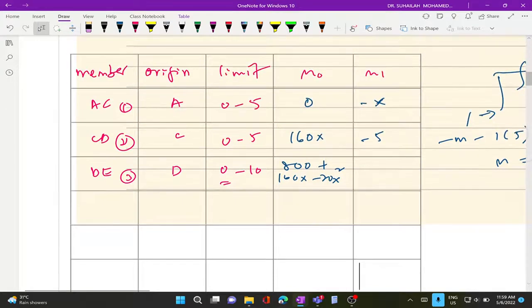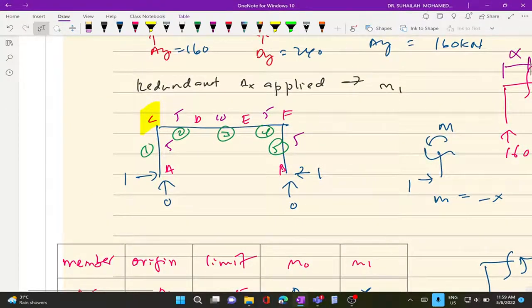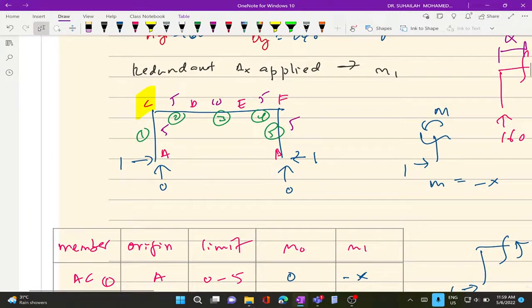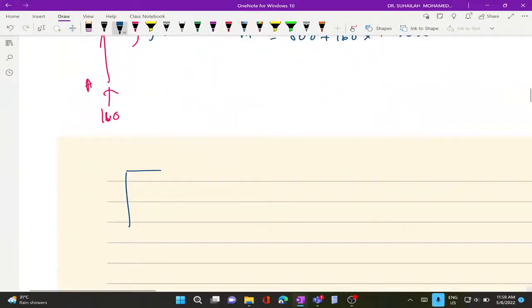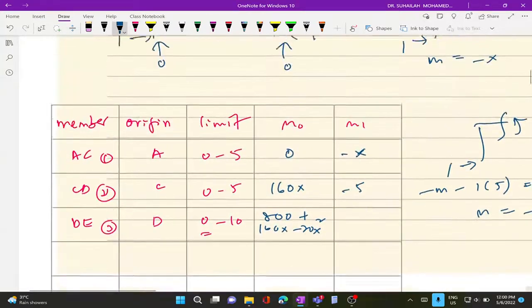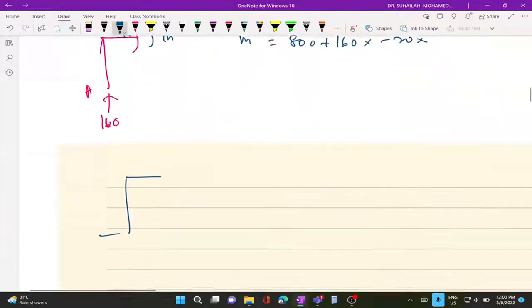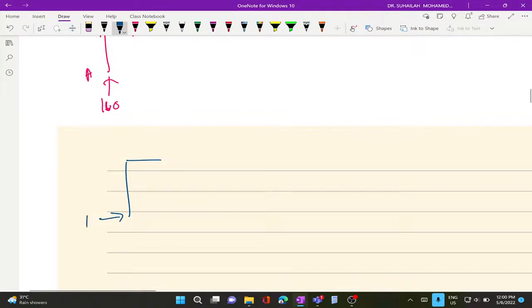Okay, and for the redundant diagram, what we have is this. This is 5.